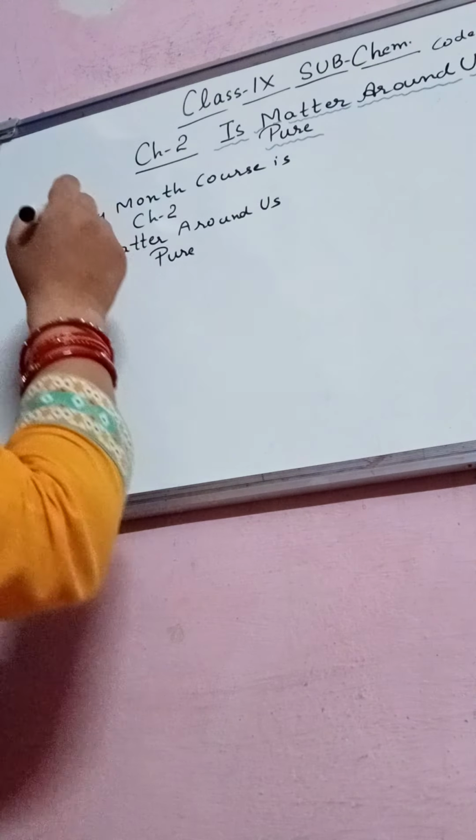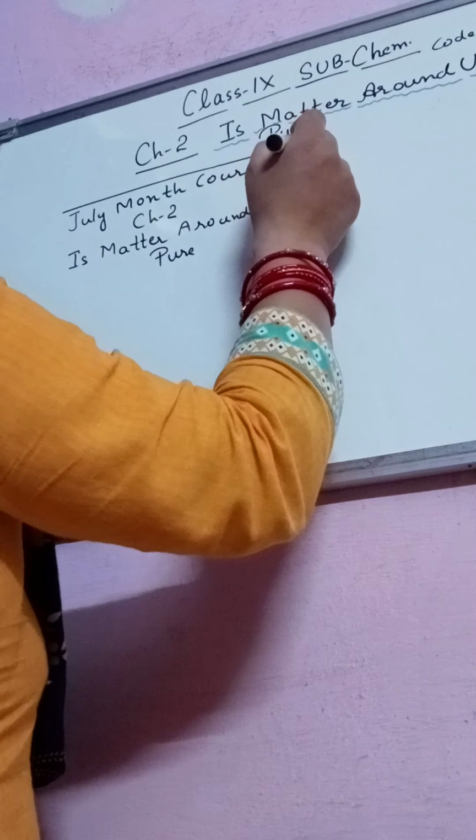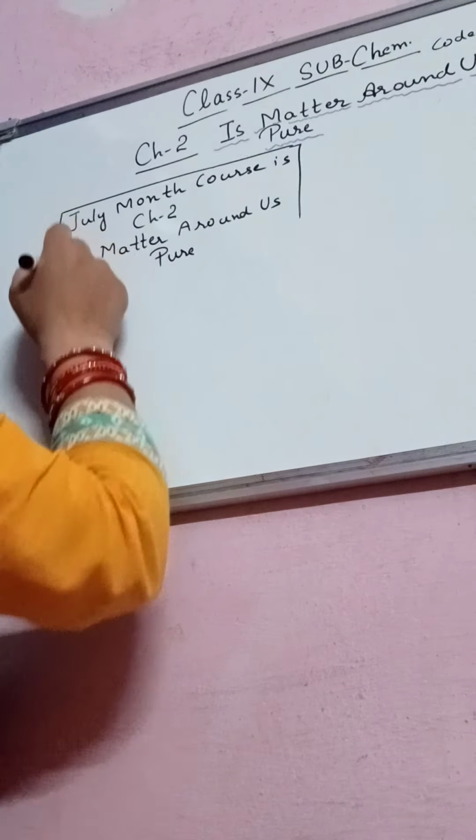This is your July month course and this is the first part of this chapter. So let's start our second chapter, that is Matter Around Us Pure.